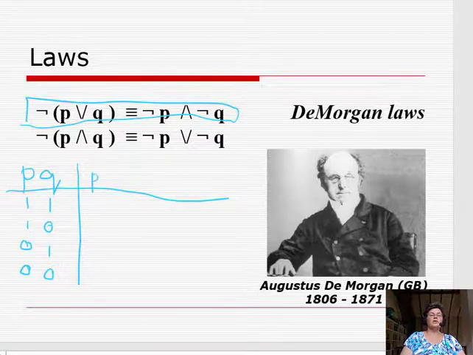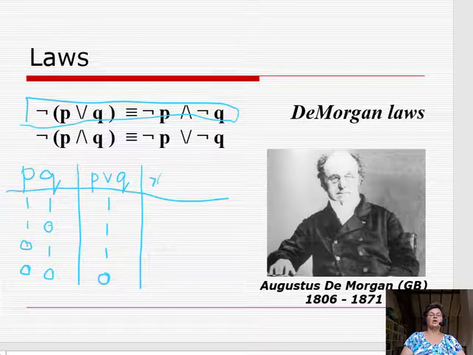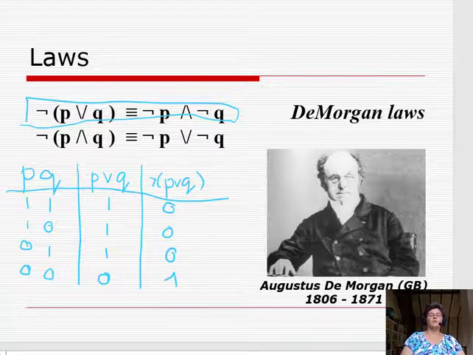If I start with the left part, P or Q, that would give us 1, 1, 1, 0. Then we put a not in front of it, not (P or Q), which will give us 0, 0, 0, 1.